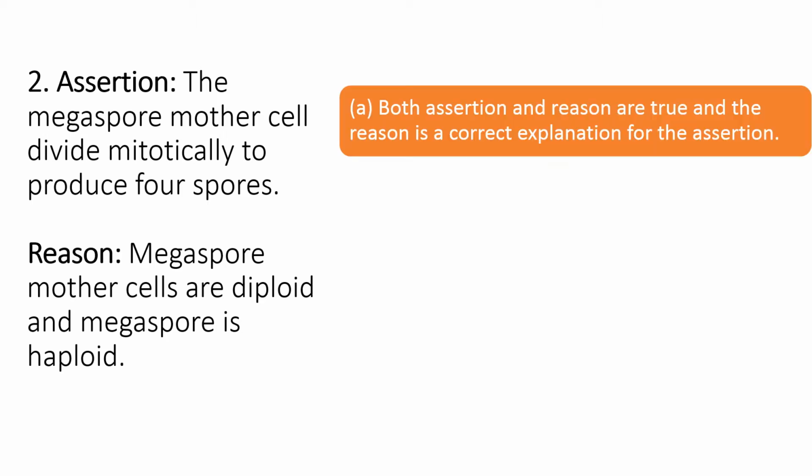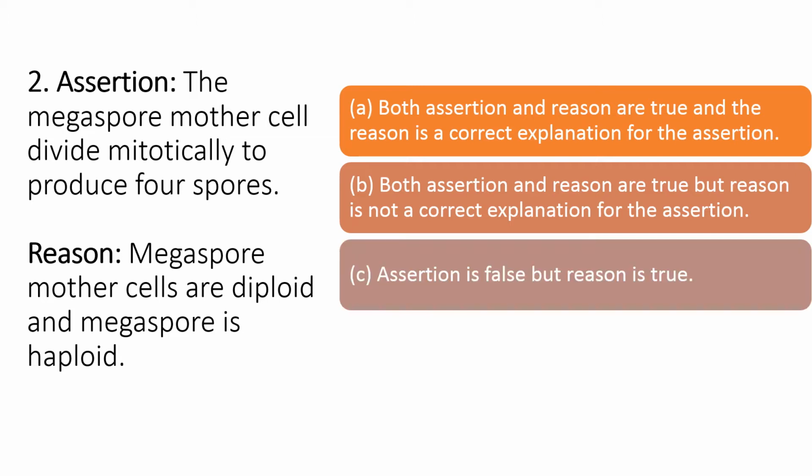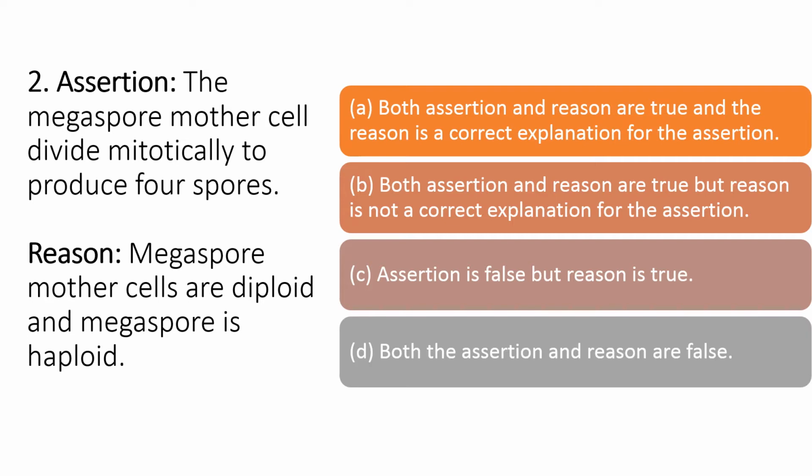And the options are: both assertion and reason are true, and the reason is a correct explanation for the assertion; both assertion and reason are true, but the reason is not a correct explanation for the assertion; assertion is false, but reason is true; both the assertion and reason are false. And look at the question here. The assertion is the megaspore mother cell divides mitotically to produce 4 spores.